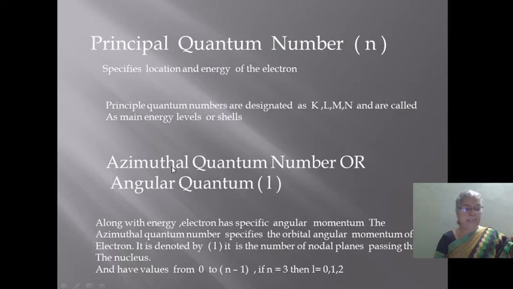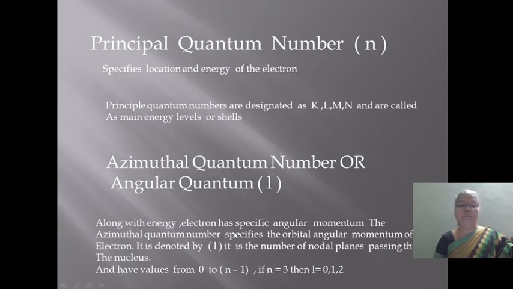The next quantum number is called the azimuthal quantum number or angular quantum number, and it is represented by small letter l. Along with the energy, an electron has a specific angular momentum.